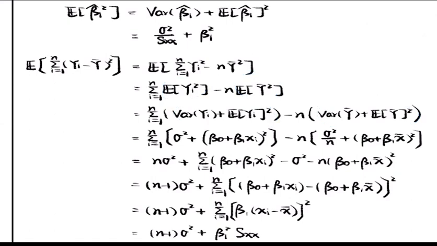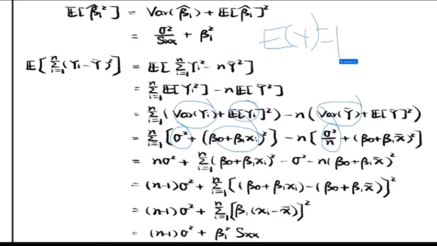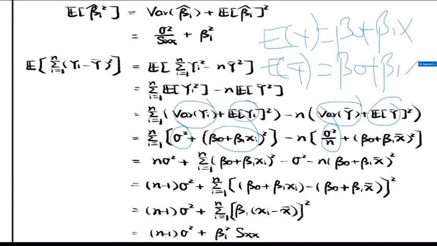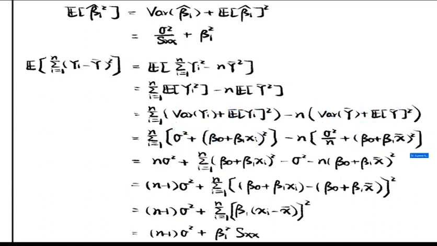What is the variance of y? Sigma squared. What is the variance of y bar? Sigma squared over n. That's from statistical theory. What is the expected value of y? It is the regression model: beta naught plus beta 1 x. The expected value of y bar is beta naught plus beta 1 x bar. The moment you have that, all we need to do is simplify.